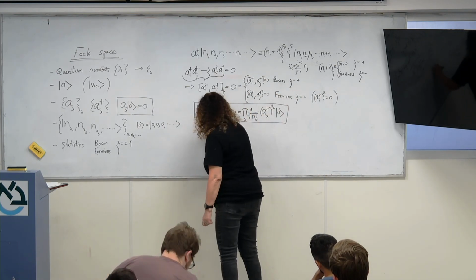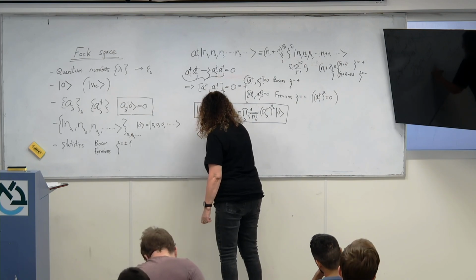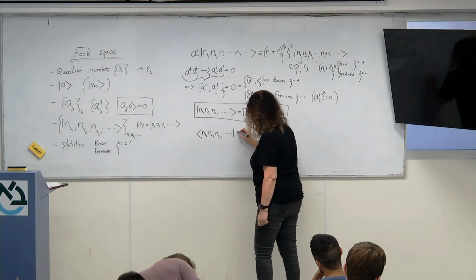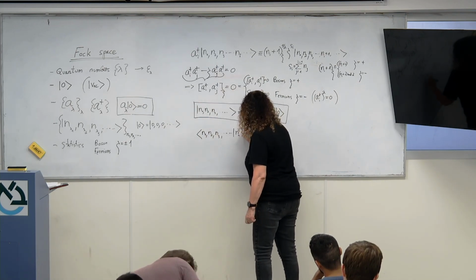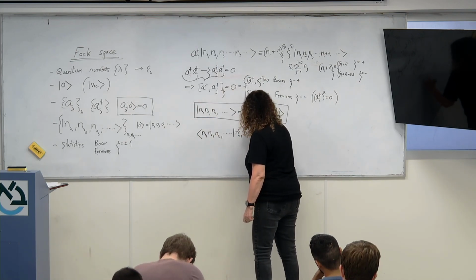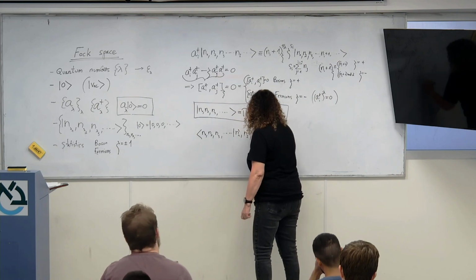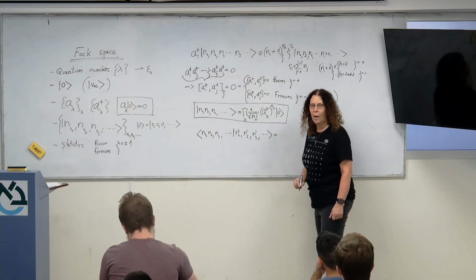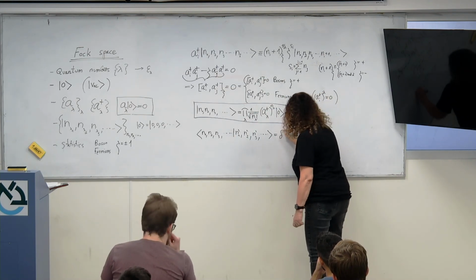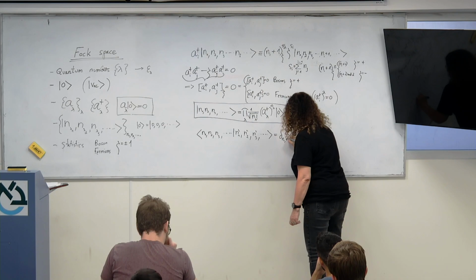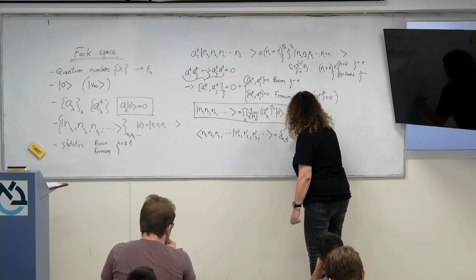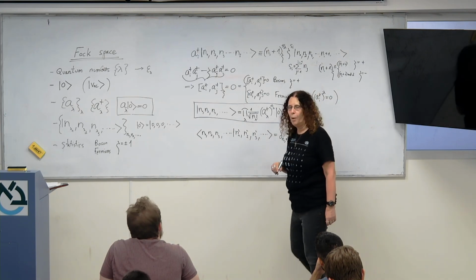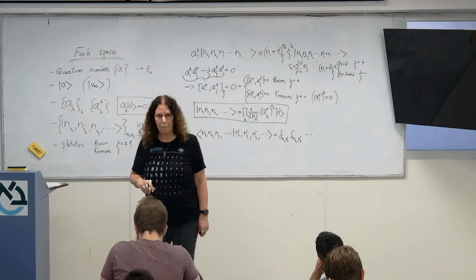So if I take one Fock state and calculate the inner product with some n1 prime, n2 prime, n3 prime, this equals a delta of n1 and n1 prime, a delta of n2 and n2 prime, just a product of many delta functions.